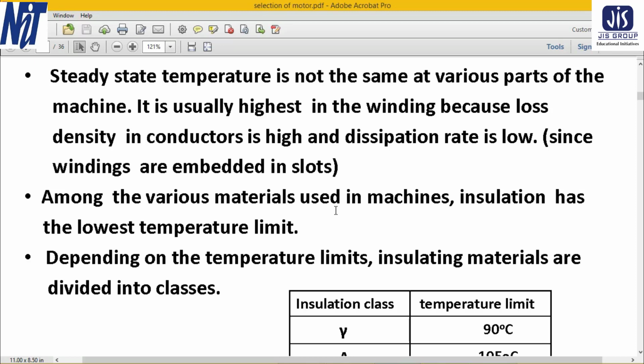So it cannot come directly into exposure to the cooling air. As it is not directly exposed to the cooling air and is wrapped in insulating material, partly embedded in slots, the temperature of the winding part is higher than the other parts.